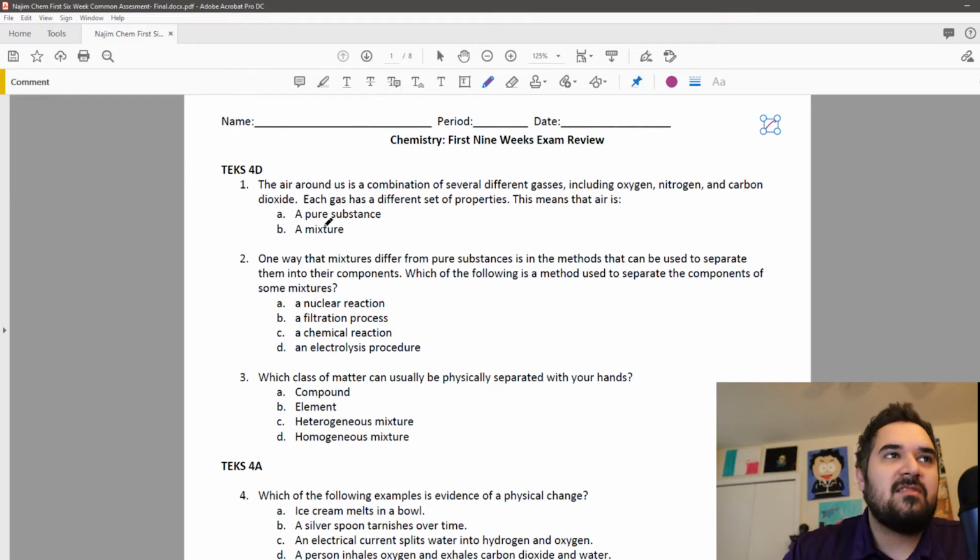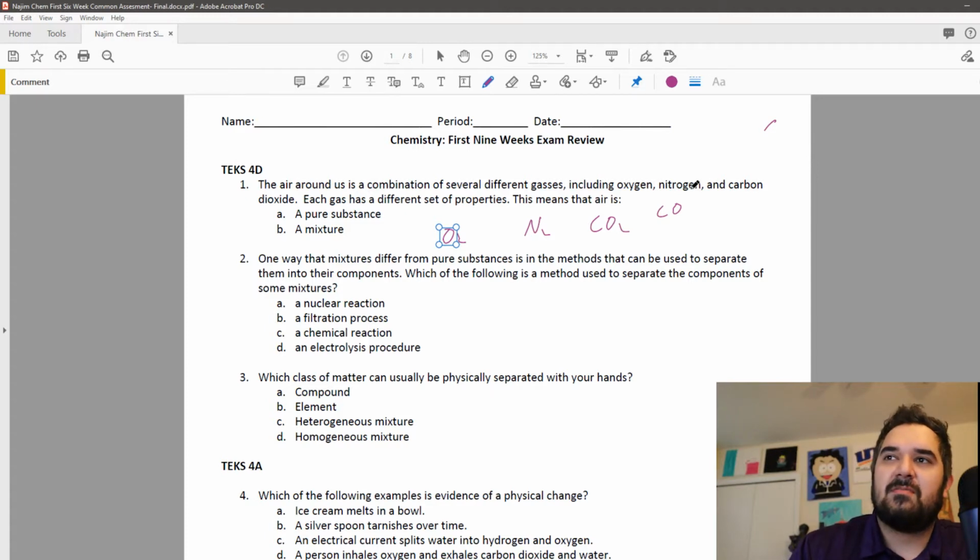We know that air is neither an element or a compound because it has O2 in it, it has N2 in it, it has CO2, it's got CO, it's got all types of things in it. So therefore it's a mixture, not a pure substance. So the answer to 1 is no, not that. I don't know how to undo, so B is what we're going to put for number 1.